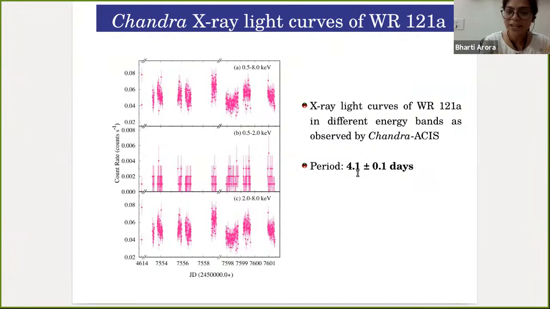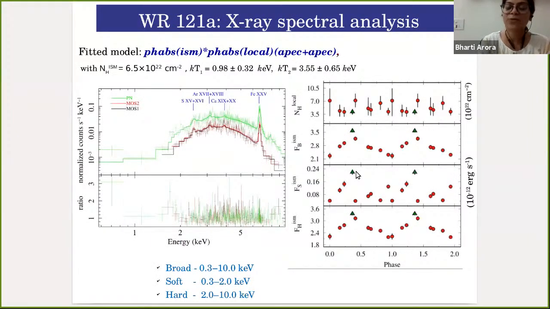To see where this period might be originating from, we performed X-ray spectral analysis. We fitted the XMM Newton and the Chandra spectrum of WR121A using 2 temperature thermal plasma emission models. This is the form of the model we have used. It takes care of the ISM as well as the local hydrogen column density present around the medium.